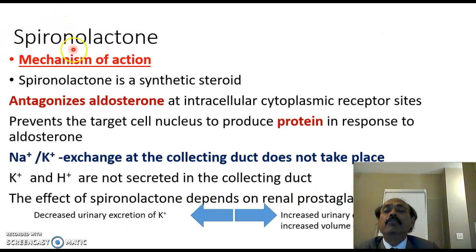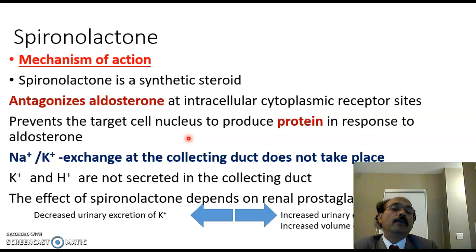So what is the mechanism of action? Spironolactone is a synthetic steroid. It antagonizes aldosterone at the intracellular cytoplasmic receptor site. It prevents the target cell nucleus from producing protein in response to aldosterone. So the nucleus is not producing messenger RNA.